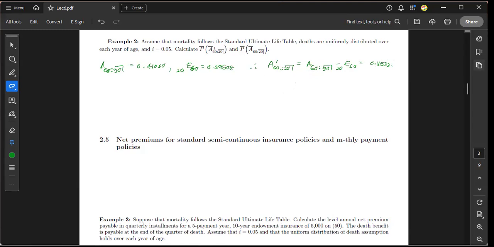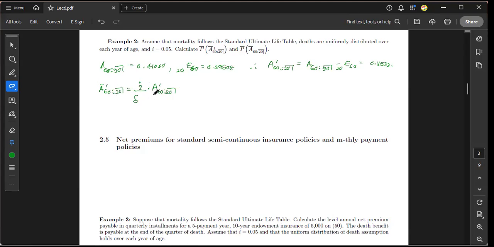So under the UDD, we know how to convert the discrete present values into the continuous case. The continuous present value of the benefit is i divided by delta times the discrete case. So here, first let's find it for the term life.